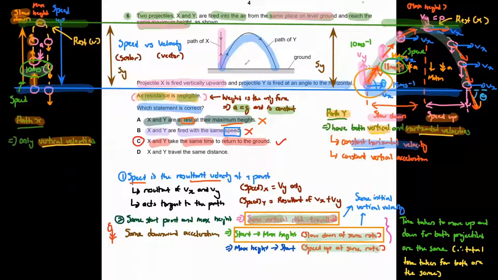Now for projectile Y, you may be wondering, because there's horizontal motion involved, shouldn't the timing also be affected? Now the answer is no. For projectile Y, the object moved up and then down, and at the same time, it was also moving horizontally towards the right. Now, one thing that I would have mentioned a number of times in kinematics was this.